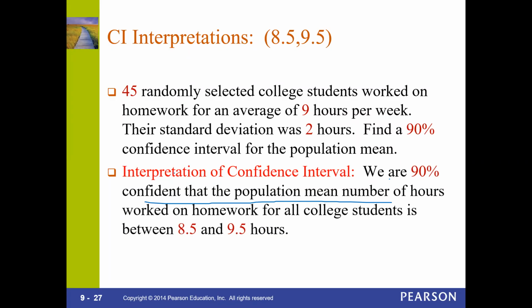That means there's 10% of the time I'm not that confident. If I make a mistake, don't come and sue me, because I did say there's a 10% chance of error and a 90% chance of accuracy. So we need to understand that.